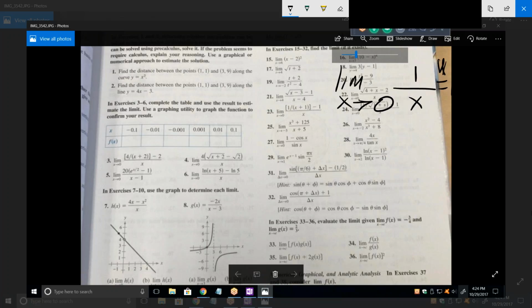Undefined. If I have x divided by a number and I'm taking the limit of that as x goes to 0, what is that? That would be 0. So both of these are clear, and any number is clear. So there is only one kind of limit problem, and that is when you do a direct substitution, you get 0 over 0.